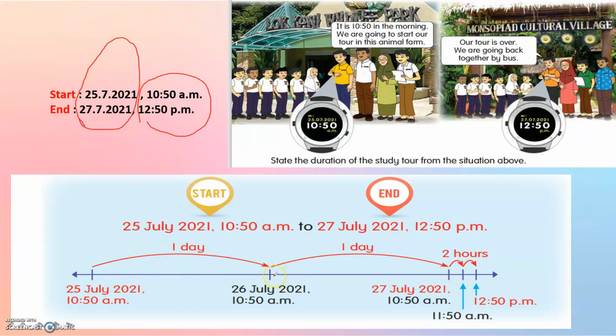And then 26 July until 27 July at 10:50 a.m. is another one day. Okay, so we should find the duration between 10:50 a.m. to 12:50 p.m. So 10:50 a.m., 11:50 a.m. is 1 hour, and then 12:50 p.m. is 2 hours. The answer will be 2 days, 2 hours.